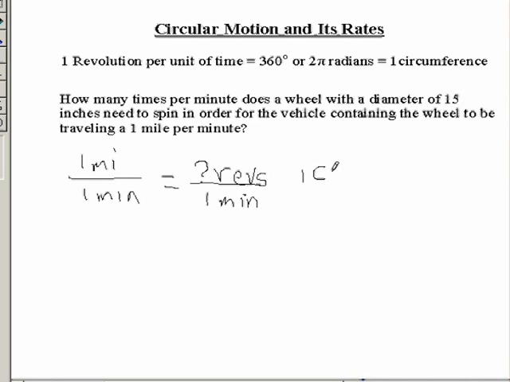So that's a good place to start. 1 circumference is 2 pi r if we had the radius, or pi times d since we have the diameter. Remember, 2 radii are the same as a diameter. So we've got 15 pi inches in 1 revolution.